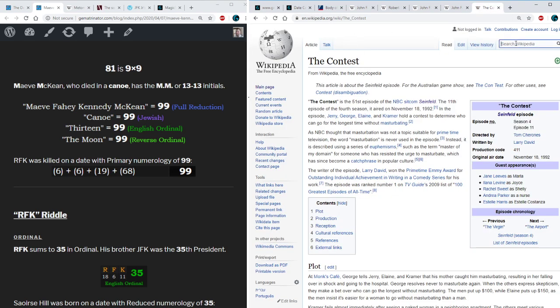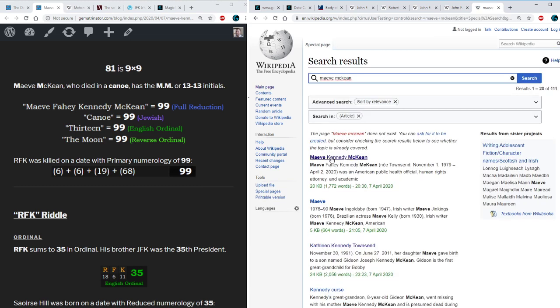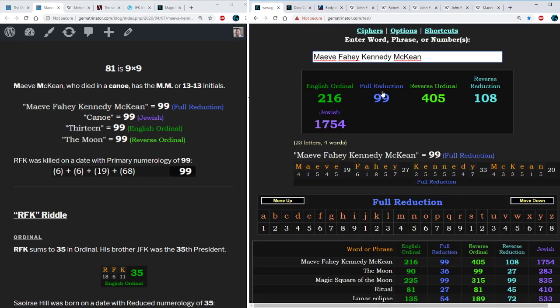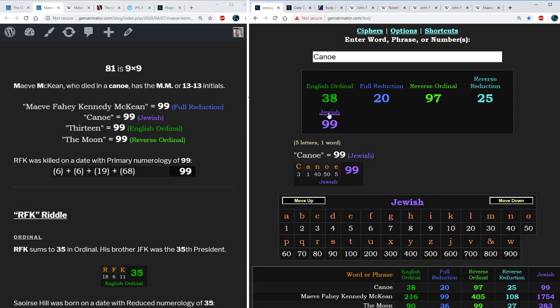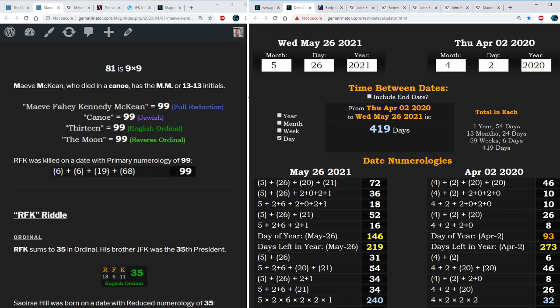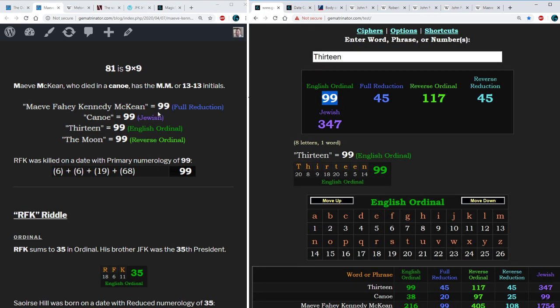Maeve McKean's full name sums to 99. She died in a canoe, 99. This is the gematria of 1399, 13 lunar phases a year. Her grandfather, RFK, by the way, died on a date with primary numerology of 99.